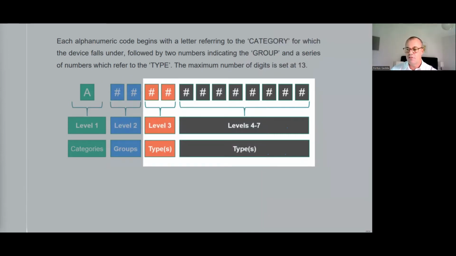The more numbers you define, the more specific the definition of the device will be. So the maximum number of characters for an EMDN code is thereby set to 13.